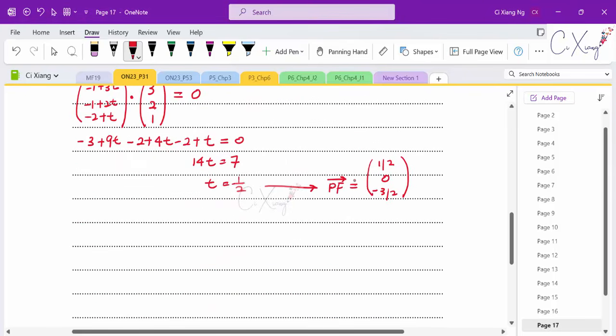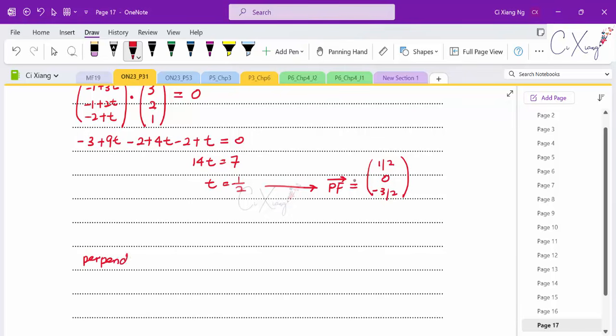So the perpendicular distance between point P and line OM is equal to the modulus of PF.